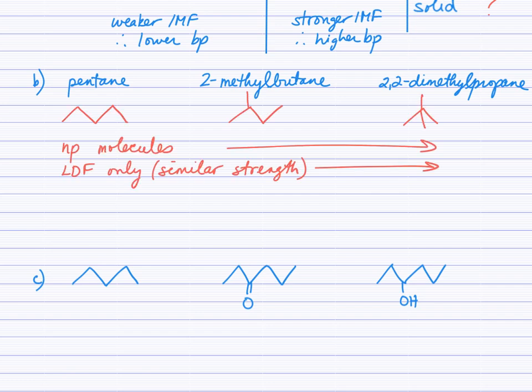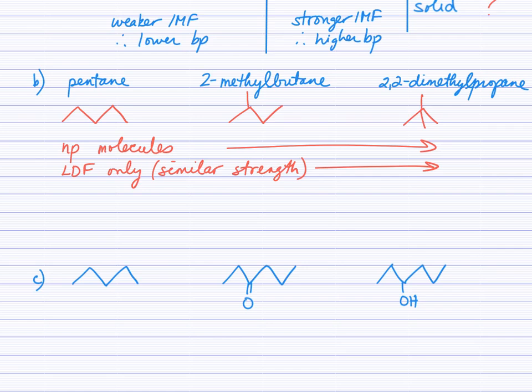Okay, so these 3 isomers are drawn now for you with skeletal formulas. They are all nonpolar molecules, and they all experience London dispersion forces only as their intermolecular forces, which will be of similar strength because they're C5H12. They all have the same number of electrons.